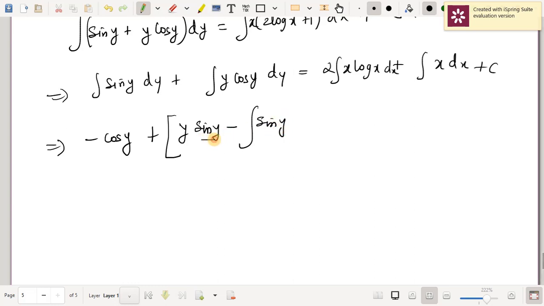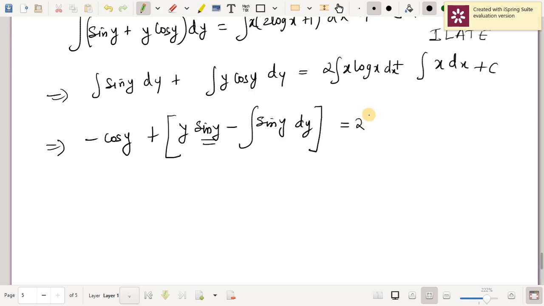This term will come as it is, into the derivative of y, that is 1, dy. Again over here you need to write this in the prescribed form, the old fashioned technique ILATE. This is the preferred way of writing. So first we write log x and then x, as log comes first.